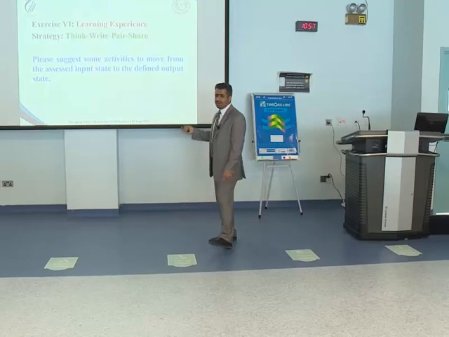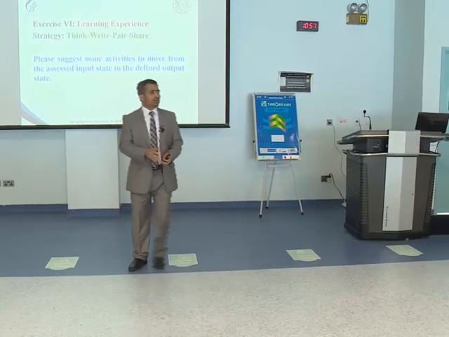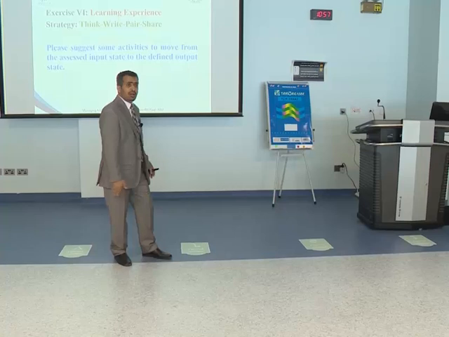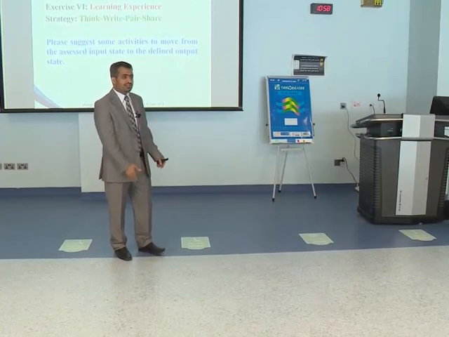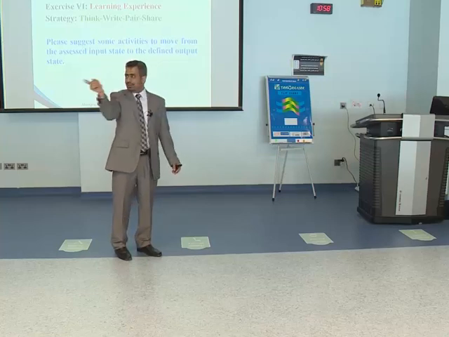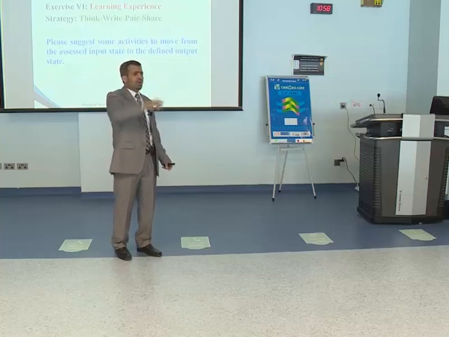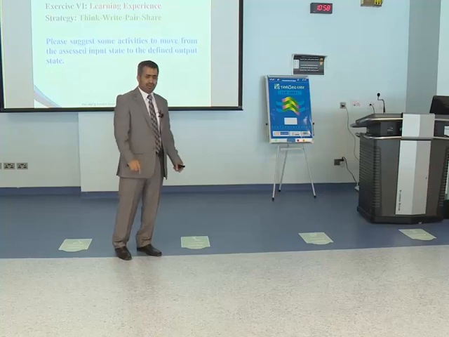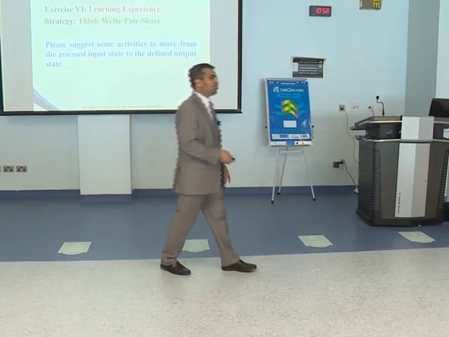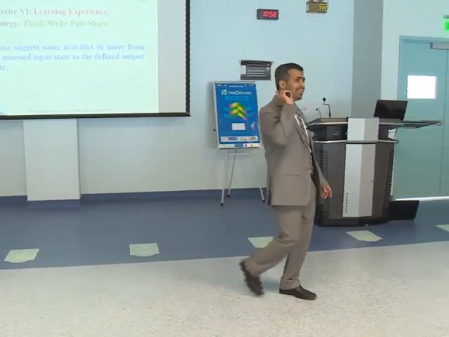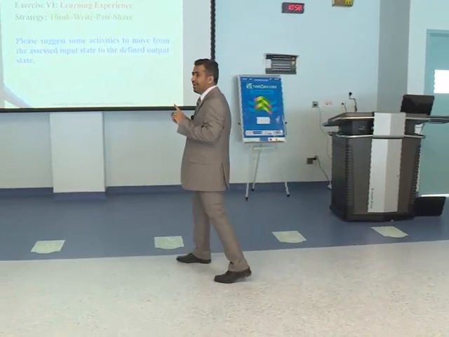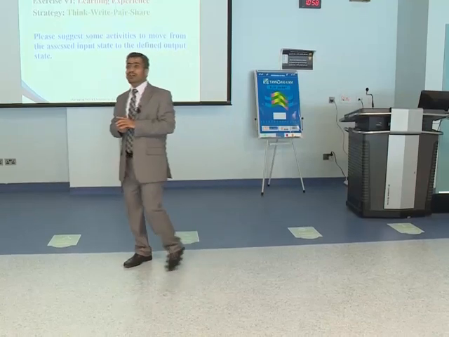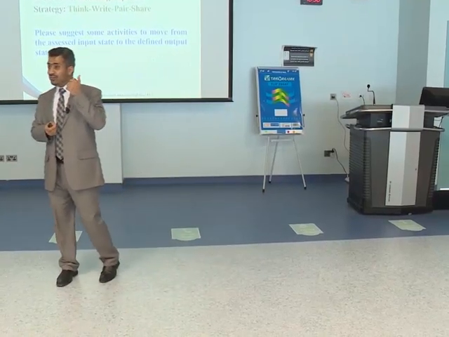Suggest some activities to move from the input state, or the starting point of your students for that purpose that you already did in the previous one, to reach the output goal. But here the activity is think, write, pair and share, which is more efficient than the previous one, isn't it? More efficient, right?